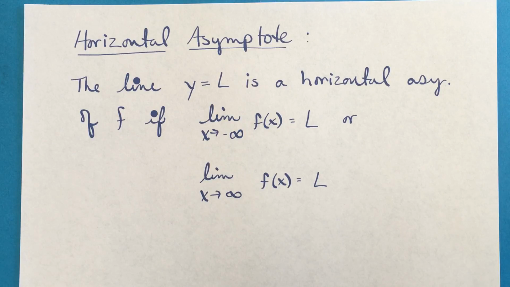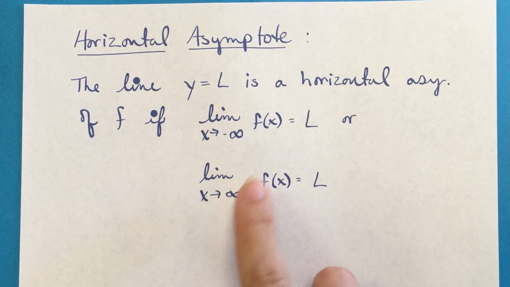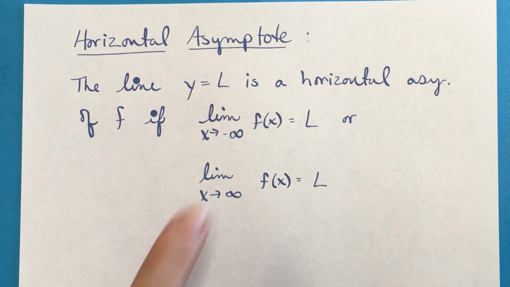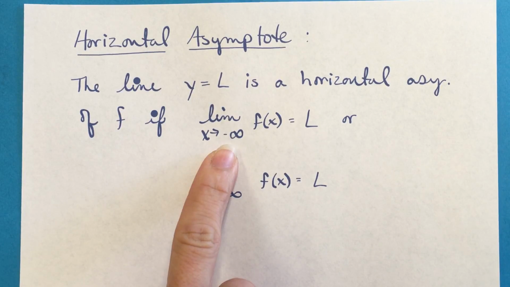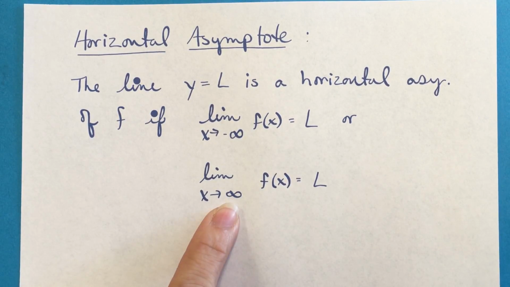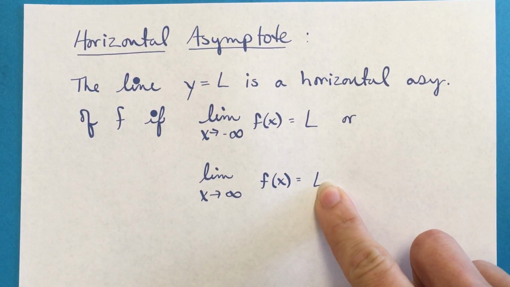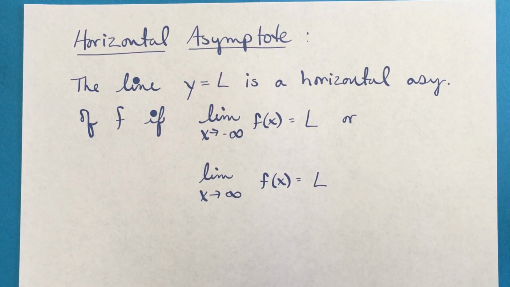So the line y equal L is a horizontal asymptote of the function if the limit as x approaches negative infinity is equal to L, or the limit as x approaches positive infinity is equal to L. So if you are dealing with limits at infinity, whatever value the limit comes out to be equal to is also giving you a horizontal asymptote of that function.